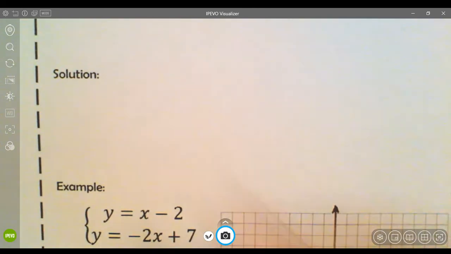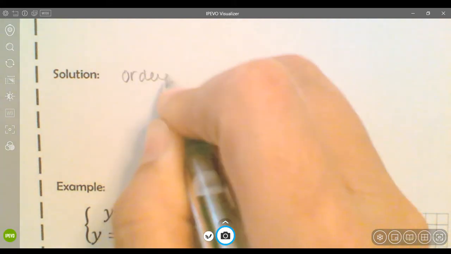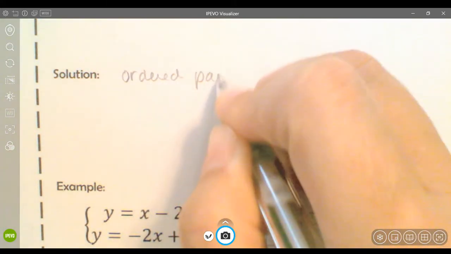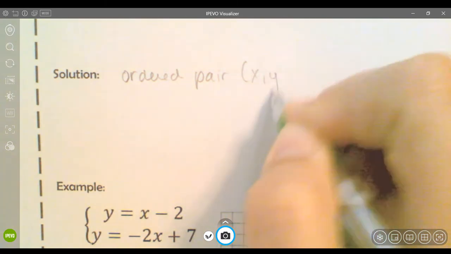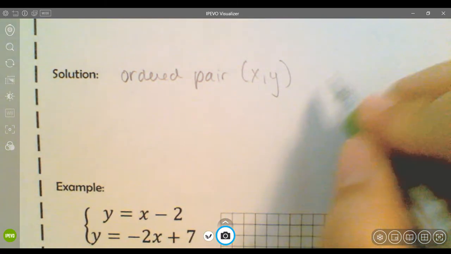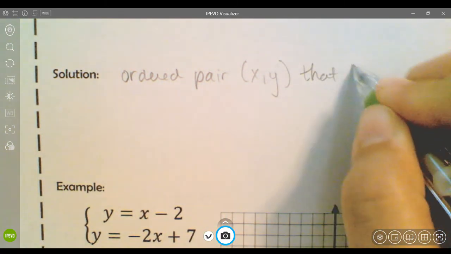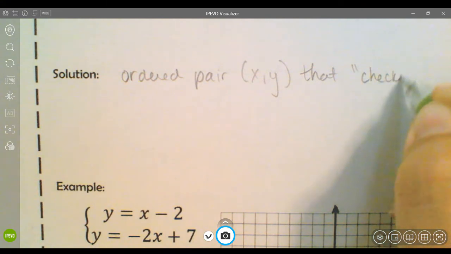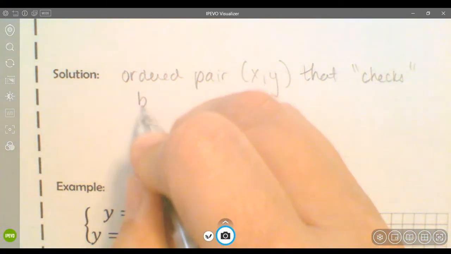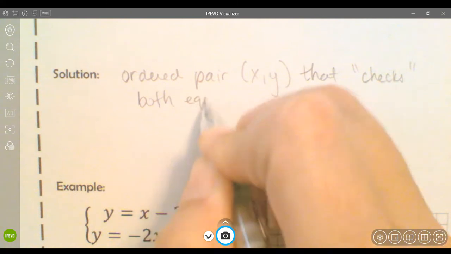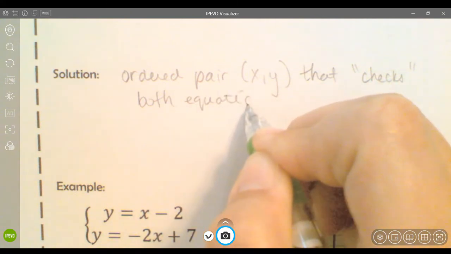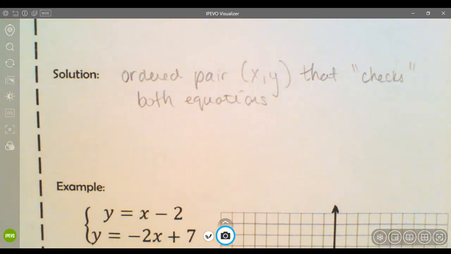The solution, well, for us, it'll be an ordered pair. Because we're dealing with two, that checks both equations. Okay, that means that when you plug in x and y, you get two true statements.